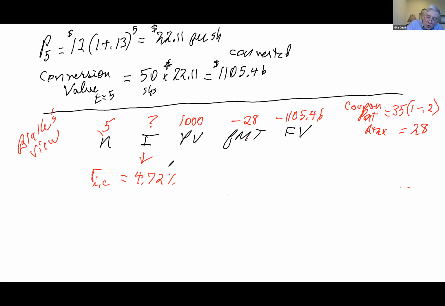So that's the hurdle rate, the component cost of convertible bonds. If they raise money from this source, that's the rate of return they have to earn after taxes to cover its cost. Okay. You with me on this so far? Yes. All right, I think I've got room to squeeze this in.